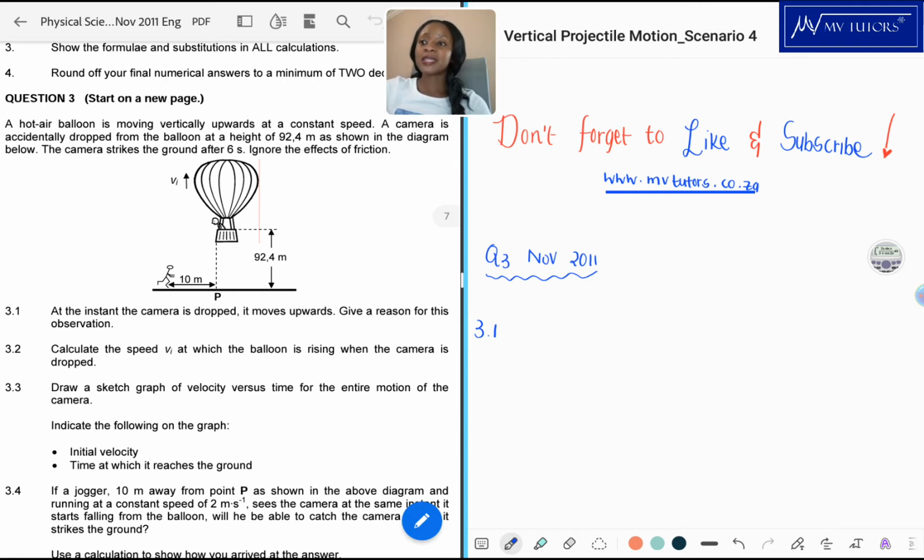Okay, so in this case, this camera was going with the hot air balloon at a speed that we don't know, but it's a constant speed.